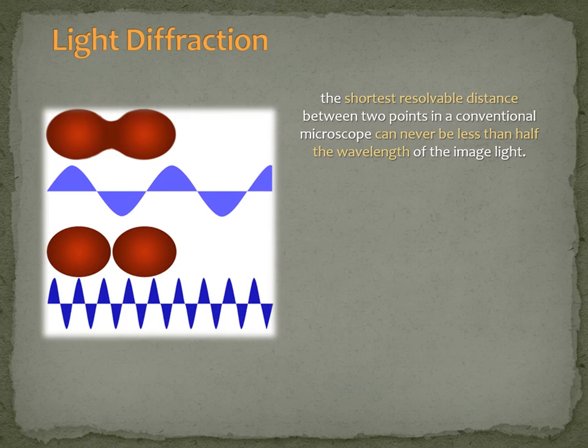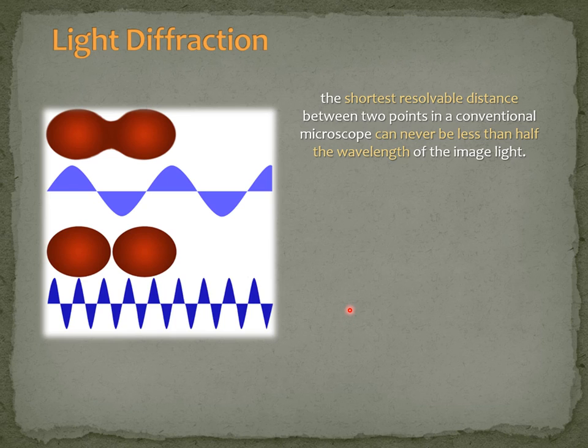So just to summarize, our capacity of seeing two objects as separated instead of one single object is what we call the resolving power of our microscope, or the resolving power of our eyes.